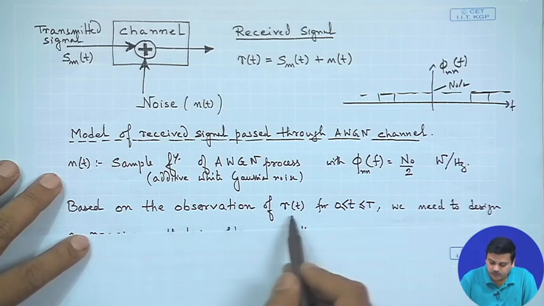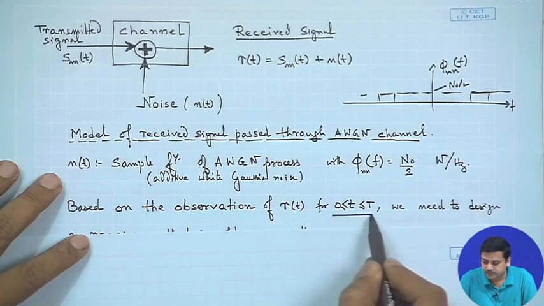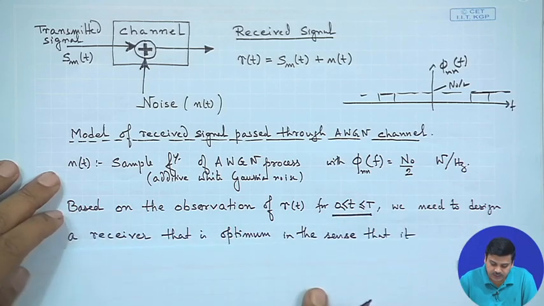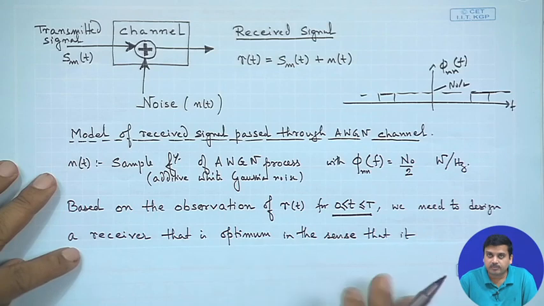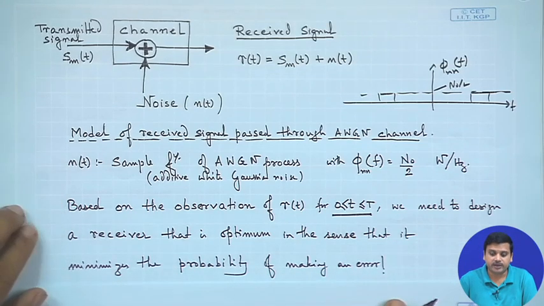Now, based on the observation of r(t) in the interval 0 to capital T, we need to design a receiver that is optimum in the sense that it minimizes the probability of making an error.